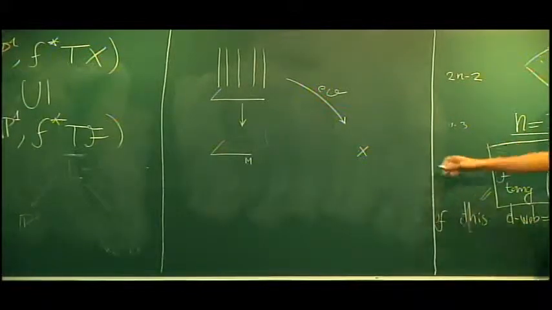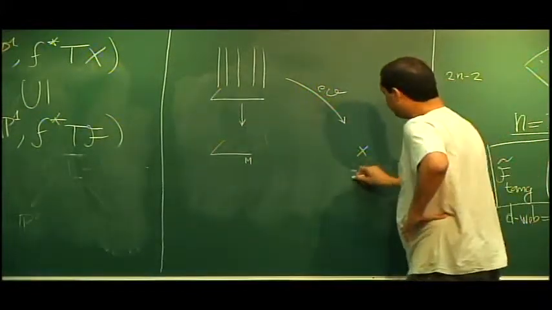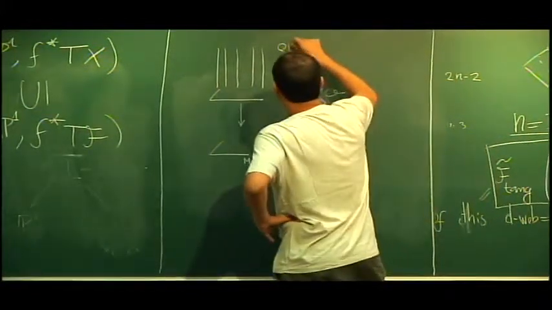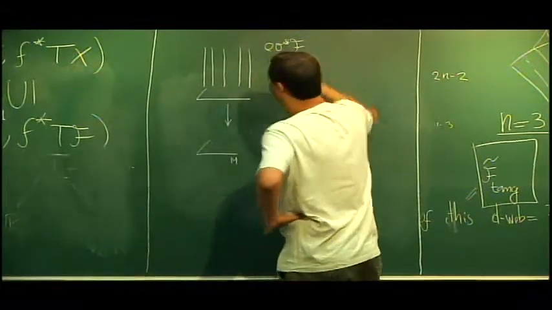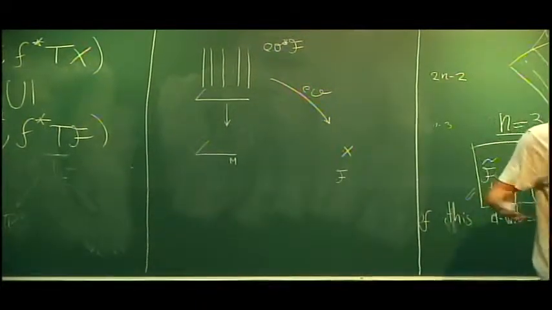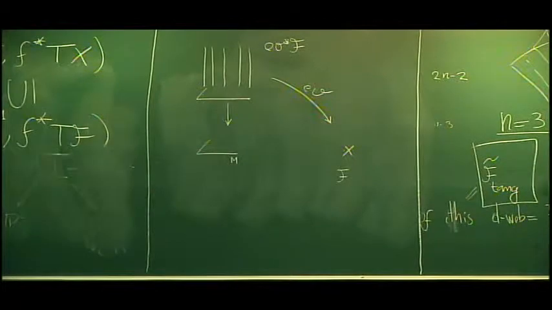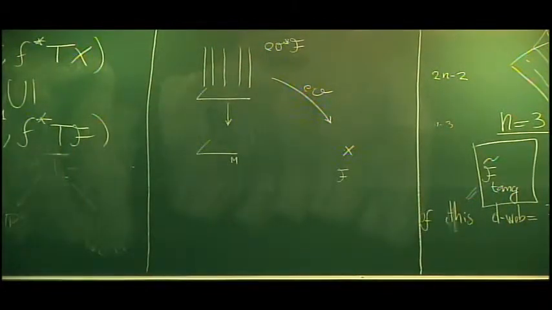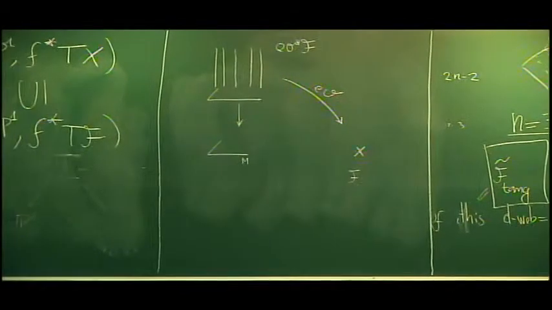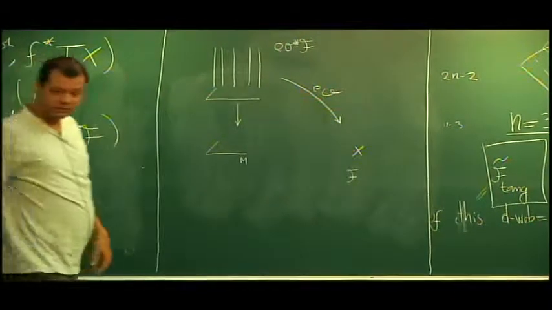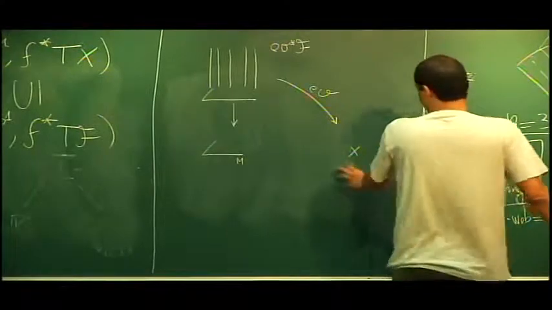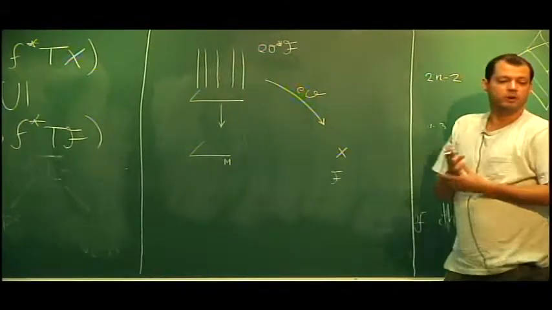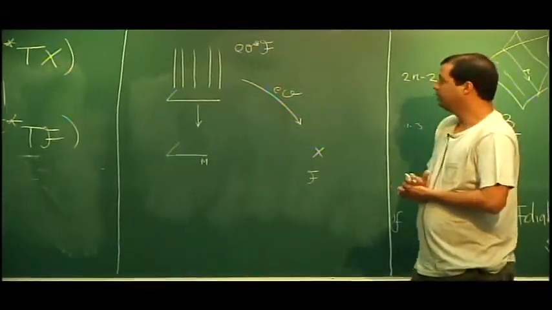I can take my foliation here and pull it back under the evaluation morphism. When they are all non-negative, this evaluation morphism will be dominant. And so the pullback of this will still be a codimension 1 foliation.